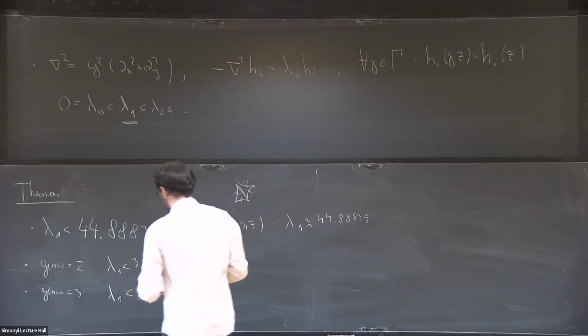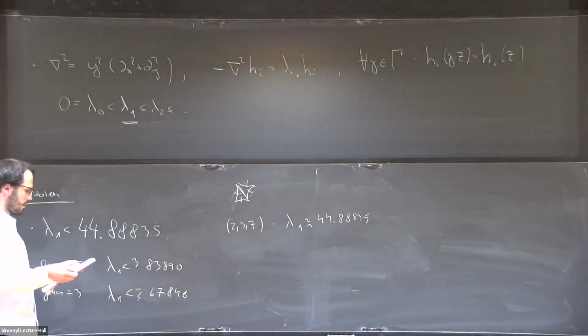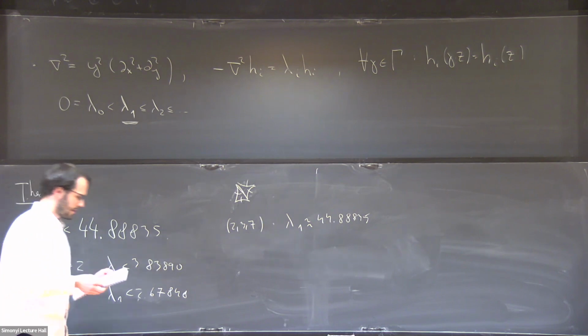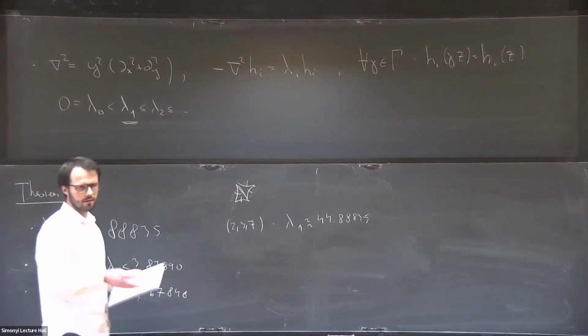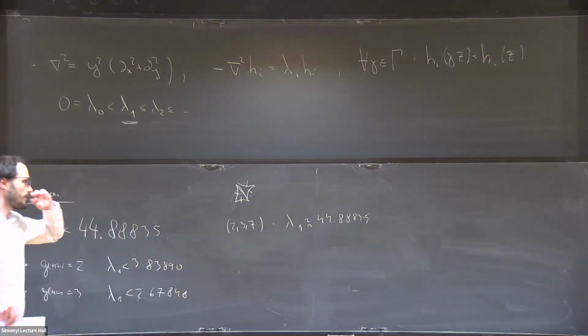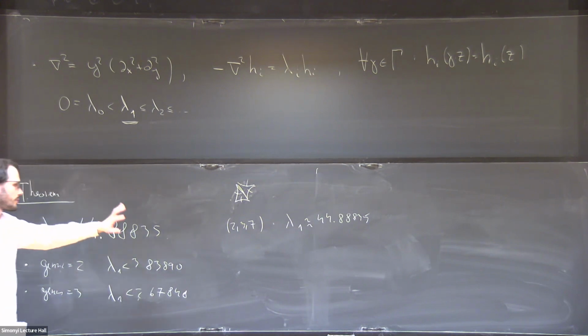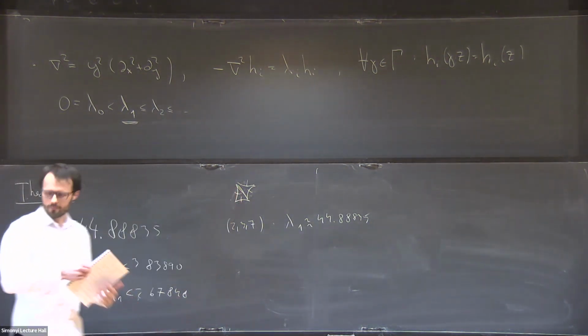Neumann boundary condition, I see. I'm sorry, I never thought of it that way. Everything is orientation preserving: PSL2 is orientation preserving, and gamma is an orientation preserving group, so all the surfaces are orientable.